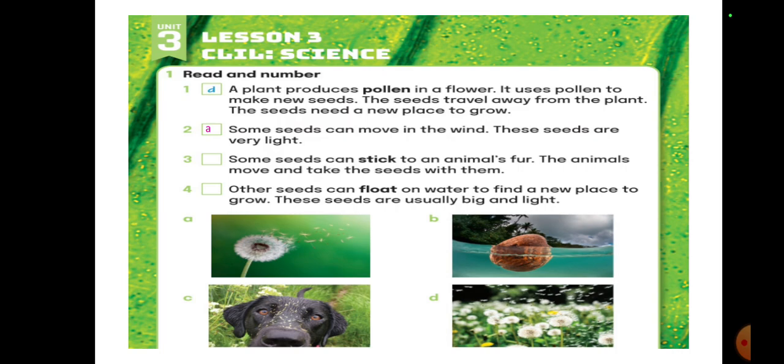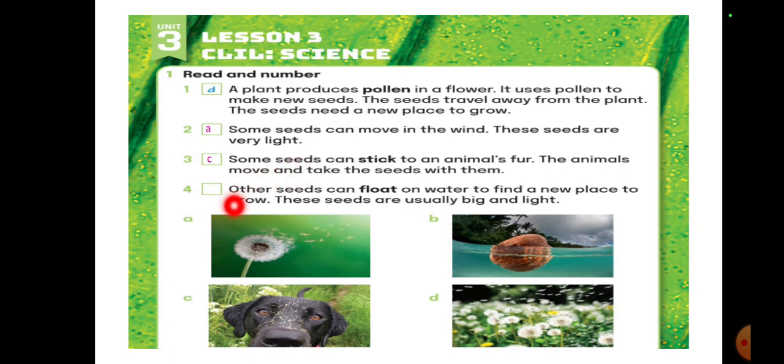Sentence number 3. Some seeds can stick to an animal's fur. The animals move and take the seeds with them. Can you find the picture? It's picture C. As you see, we have here a dog, and there are some seeds that are stuck on the fur of this dog.